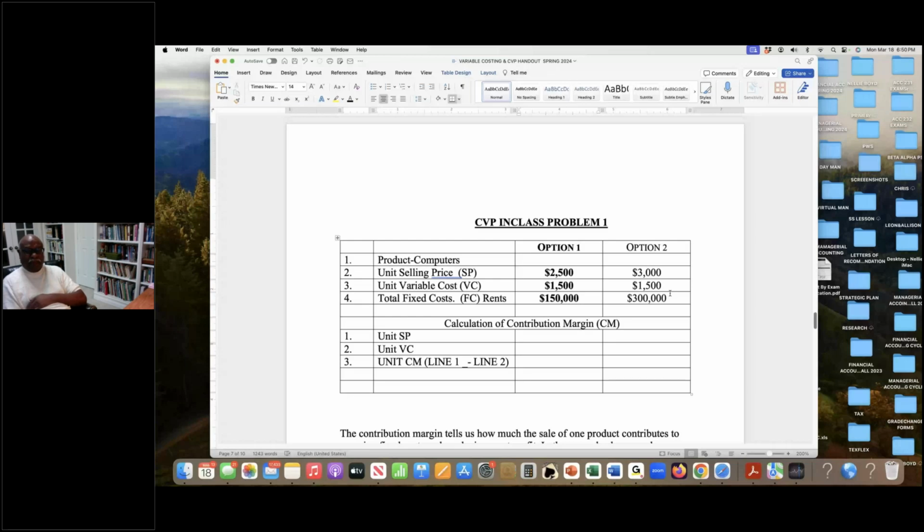So whether you can see it or not, you should put that in: the selling price, the unit variable cost of 1,500, and come up with a contribution margin of 1,000.